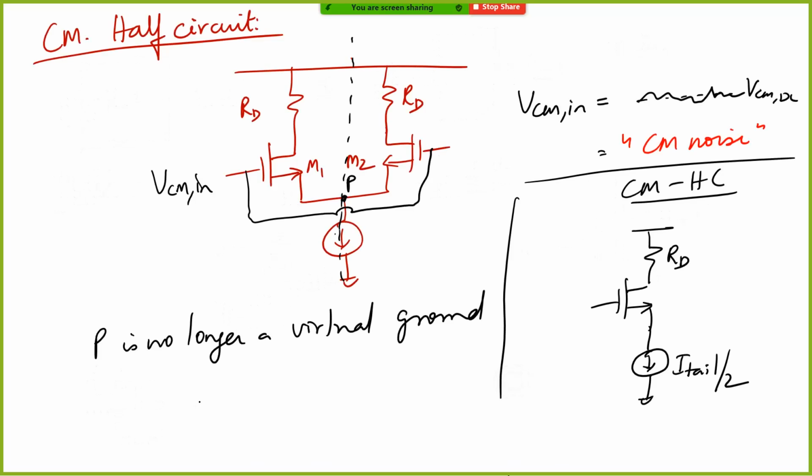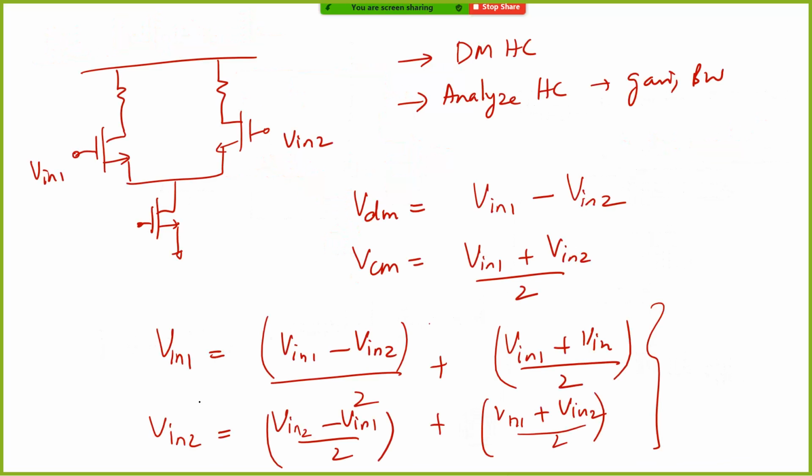When I say common mode small signal, don't confuse it with common mode DC. Common mode DC is the DC biasing point that is coming into your differential amplifier. That's just a DC. When I say common mode AC, it is basically the common mode noise or some common mode signal which is riding on top of your existing signal. That is why I wrote these equations.